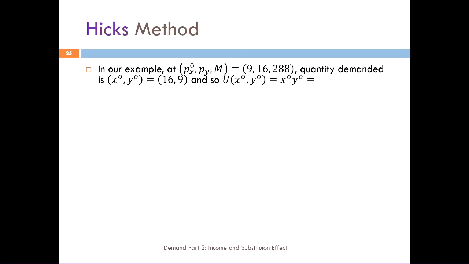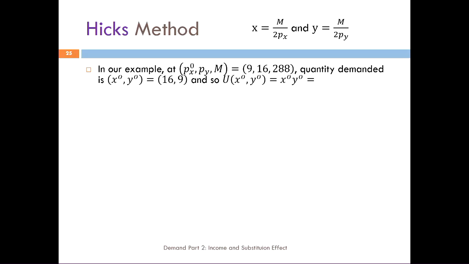So your original utility, X times Y, is equal to... how did I get 16 and 9? Again, we did this last week. We could solve the consumer's choice problem all over again each time, but remember, it's easier just to plug the income and prices into your demand equation, which we got from solving the consumer's problem for general values of income and prices. If you substitute in income of $288 and the price of X of 9, you'll find that X is 16.